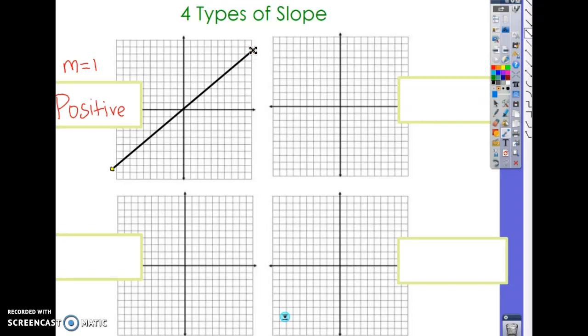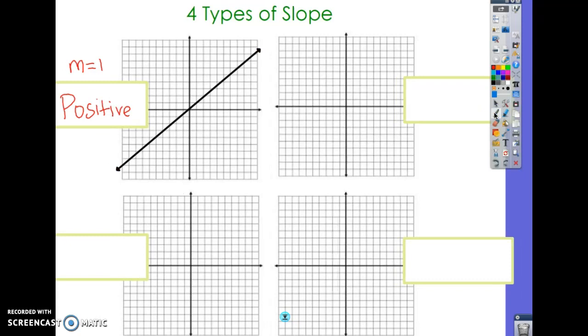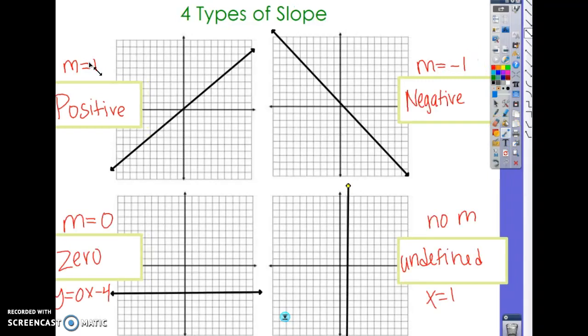It is changing in a positive direction. Well, we could also have a slope where m is equal to -1. So when m is equal to -1, that is a negative slope.